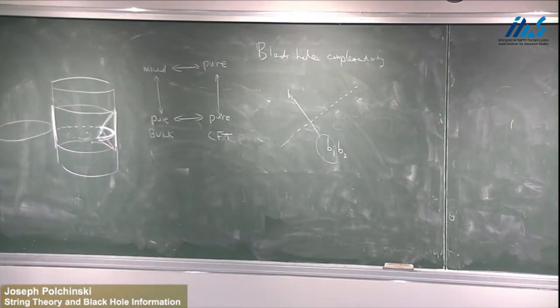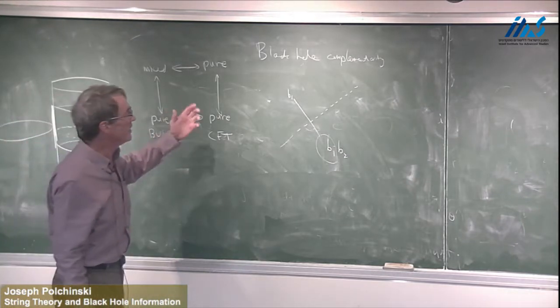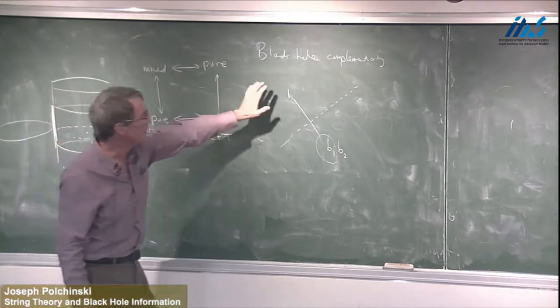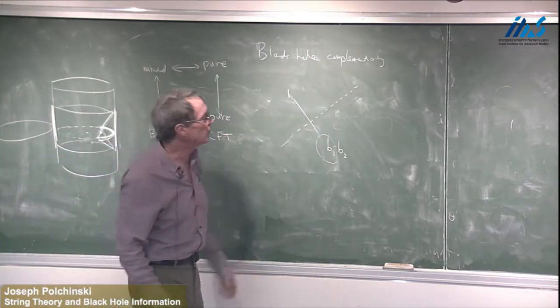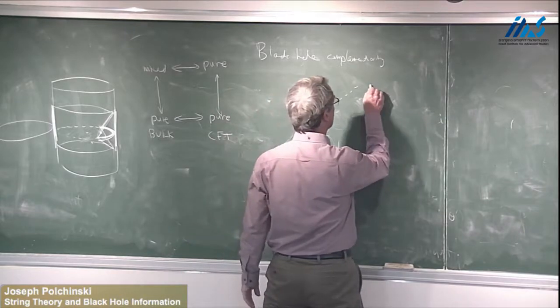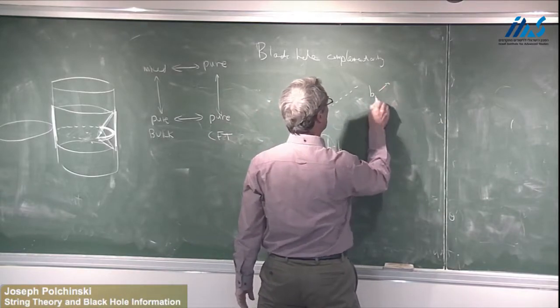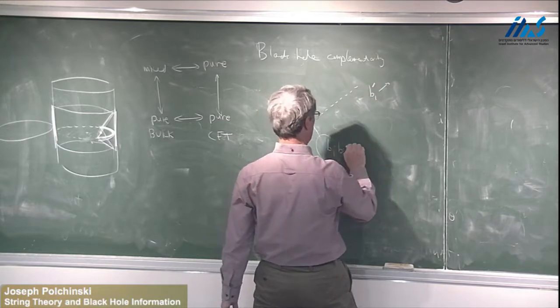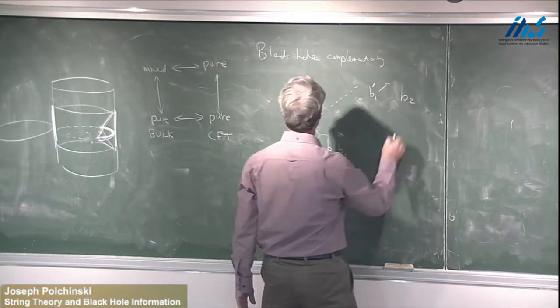Then according to what we've just learned, eventually the state of this bit has to appear in the Hawking radiation. I'll call that B1 prime. And B2 just propagates along.